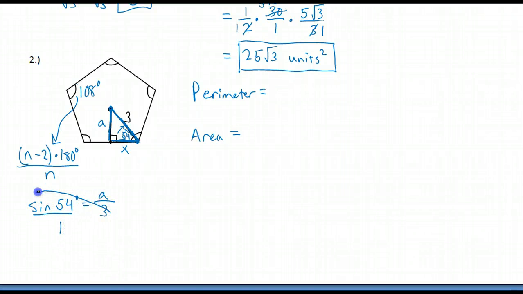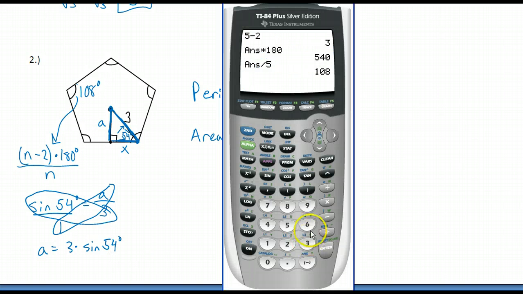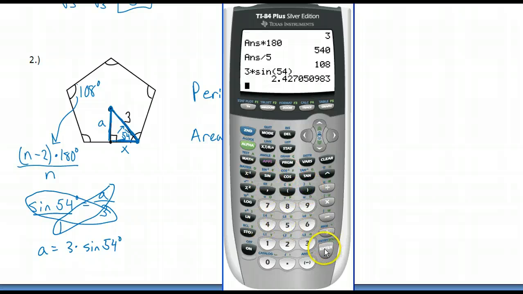Cross multiply to solve for A. I get A equals 3 times the sine of 54 degrees. And I can use my calculator to approximate trig. A is approximately 2.427.